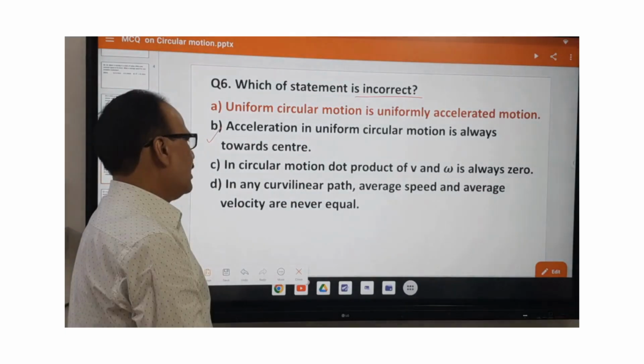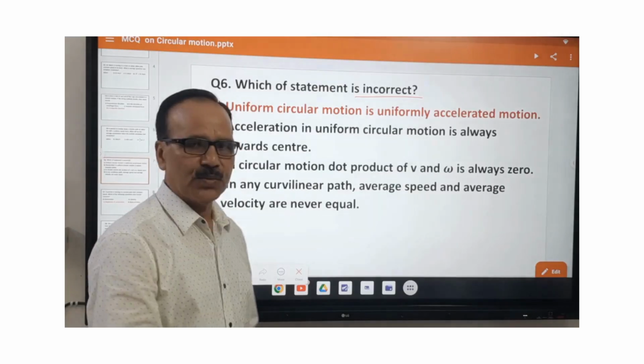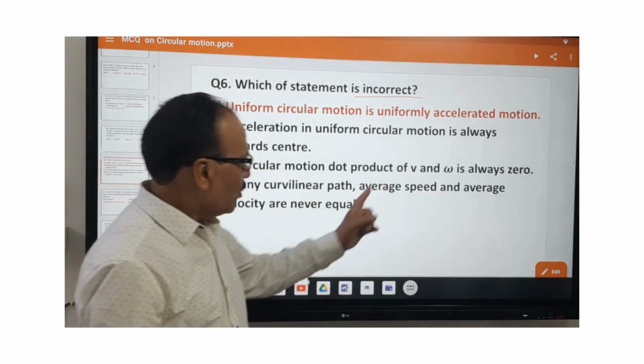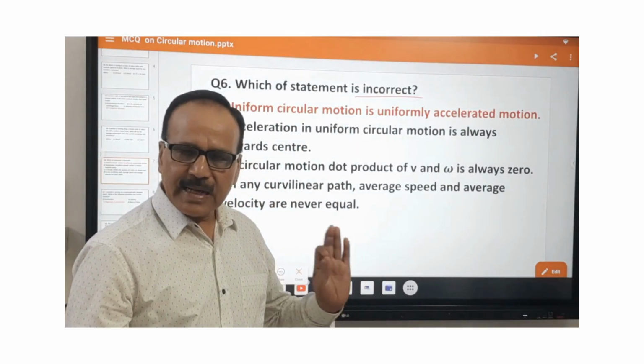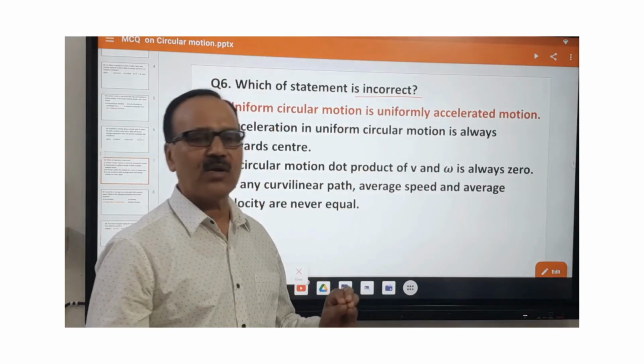Now C: in circular motion, dot product of V and omega is always 0. So first of all, try to find the angle between V, that is linear velocity, and angular velocity.